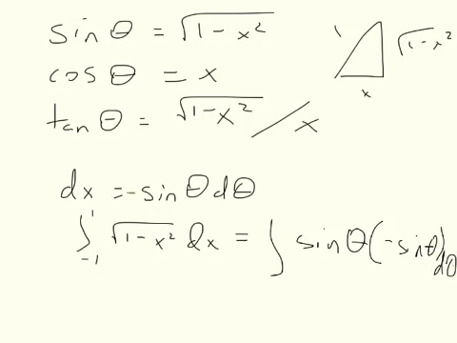And then what are our bounds? Let's see. We get -1 when theta is pi, and we get 1 when theta is 0. Obviously we had a ton of choices for what went here and what went here. This could have been 2 pi, this could have been 4 pi, this could have been negative pi.